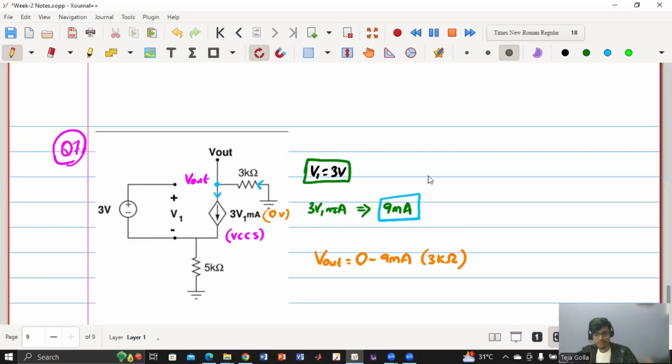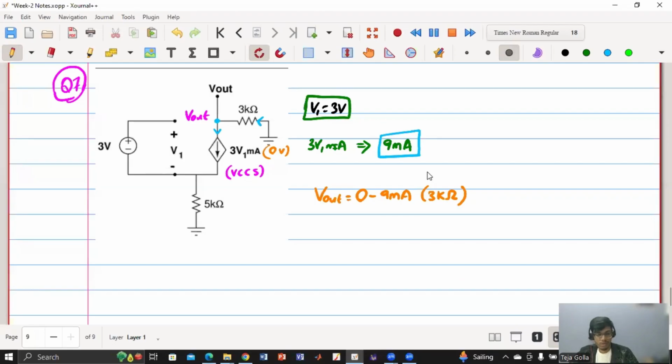Agree? Whoever is following. Yes, sir. So now I'll substitute the values. So now you tell me what is the value of V output. Minus 27 volts. Yes, minus 27 volt.